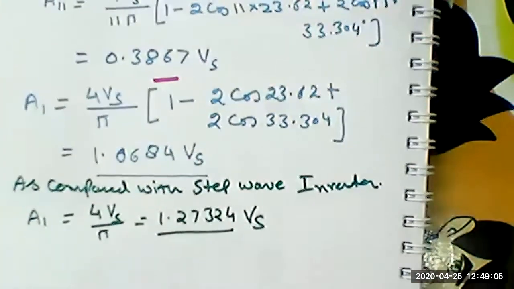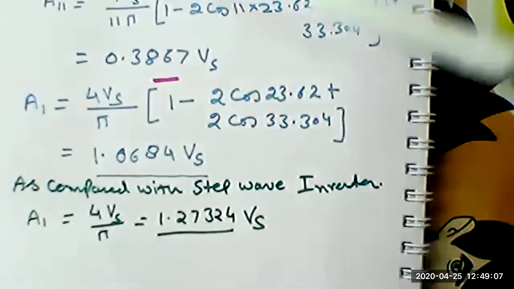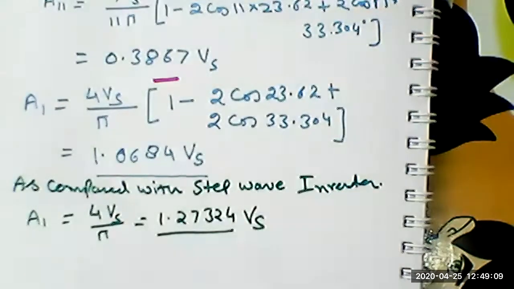Output voltage gets reduced, but of course, harmonic spectrum improves.